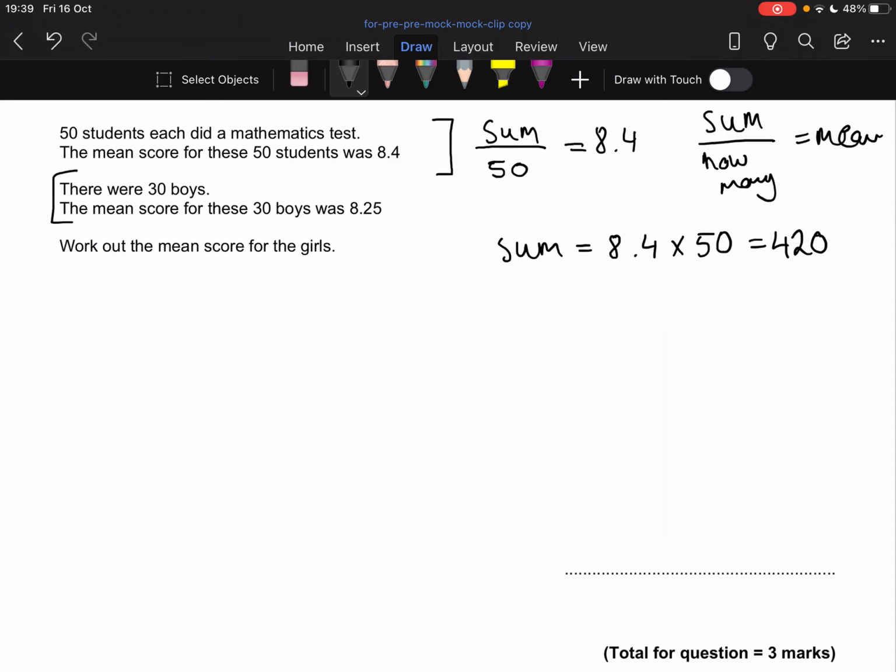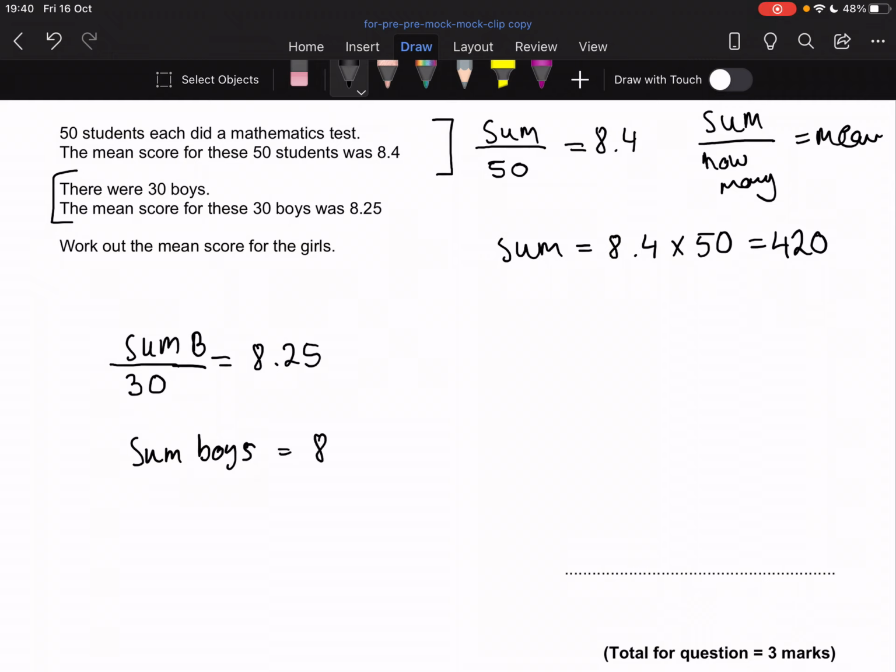And let's see how the boys did. There were 30 boys. Again, the sum of all the boys' scores over the total number of boys is equal to 8.25. So that's the mean. I'm going to work out the sum for boys now, sum B, I'm going to call it. I'm going to multiply both sides by 30.